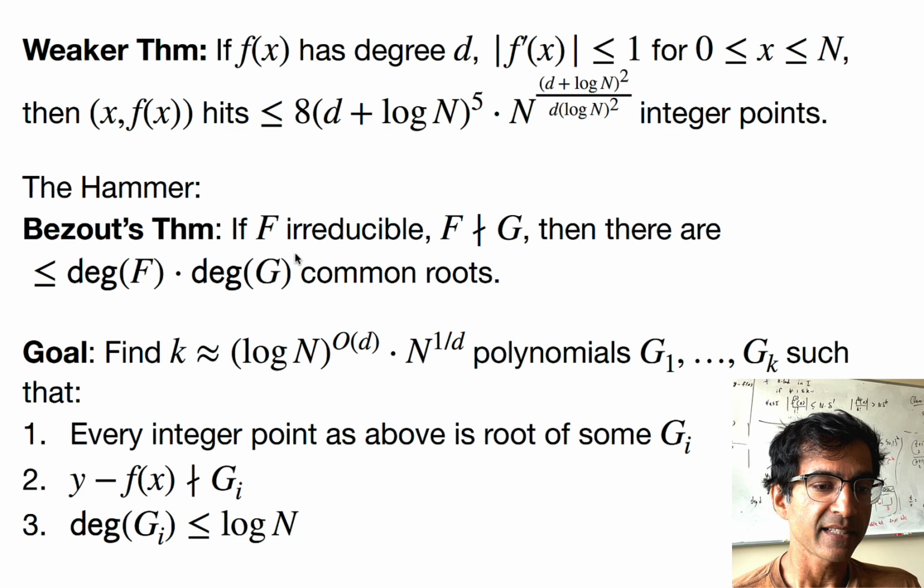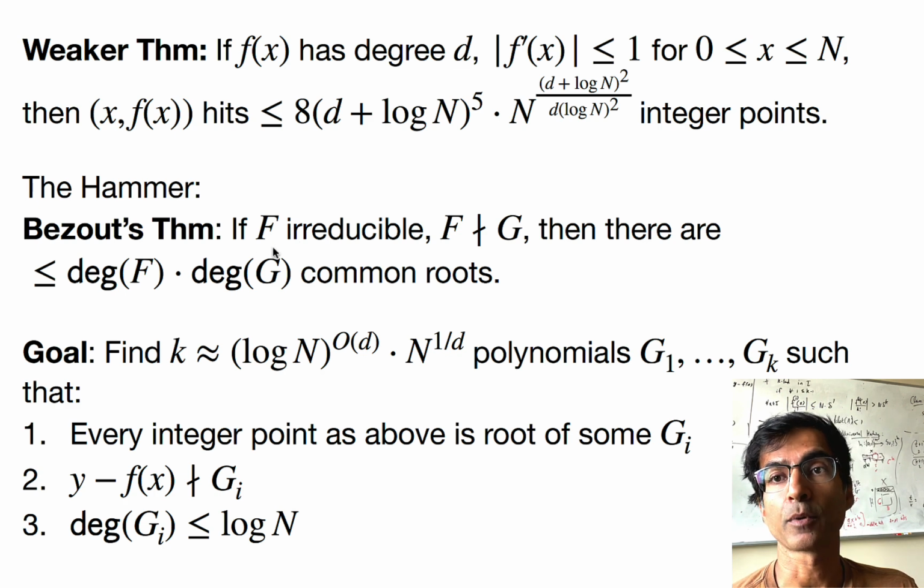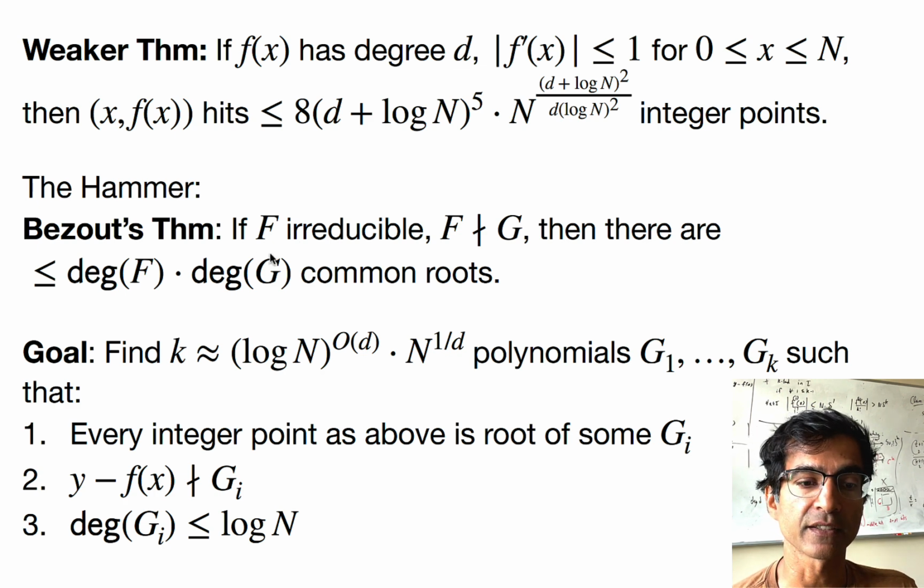What Bezout's theorem says is that if f is irreducible and f does not divide some other polynomial g, where f is a polynomial in 2 variables, then the number of common roots of f and g is bounded by the product of the degrees of f and g.